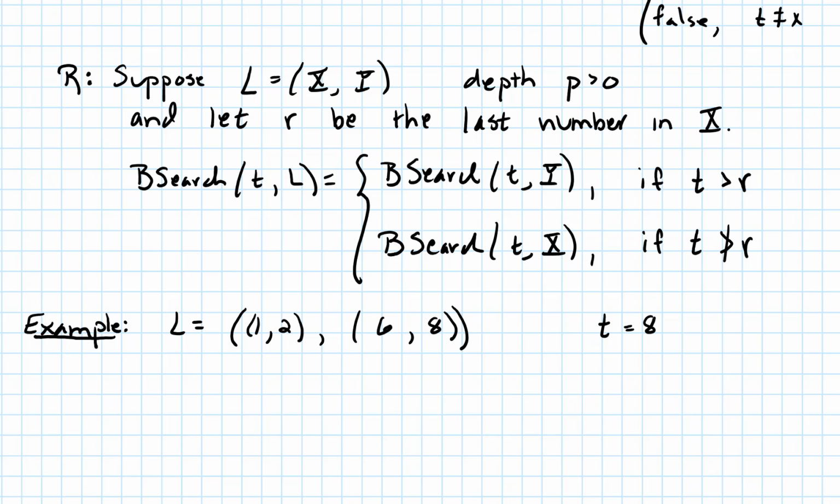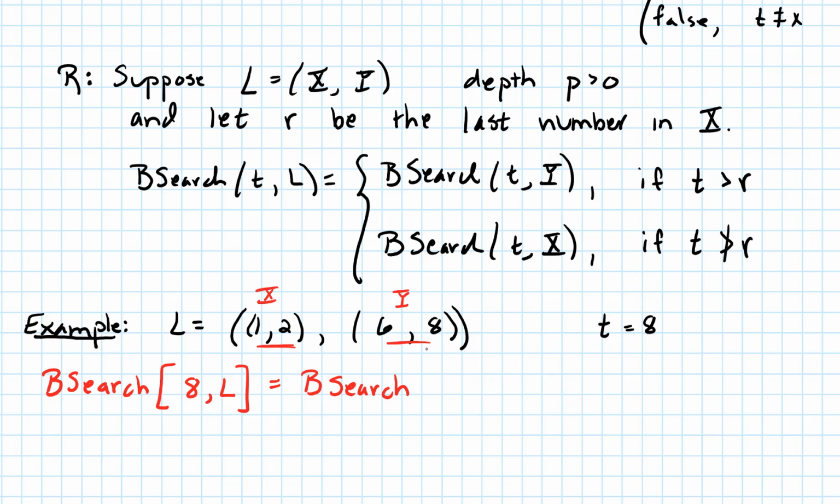All right, here we go. B search, and we're looking for the target 8, and we're searching in list L. So we're going to go B search of 8 comma L. This breaks down to looking at B search of what? Well, we've got two lists in here. We've got X and we've got Y.